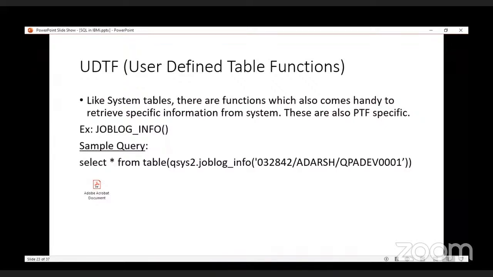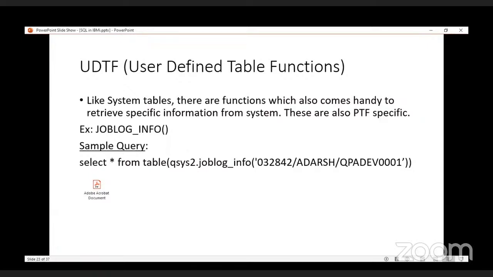So a function will always expect an argument to be passed into it so that it will return the information based on that argument. In system tables, you won't have to pass any arguments to view the information, you just have to query that table. Now, as you can see in the sample, I have provided a JOBLOG_INFO. It's a user defined table function that comes with IBM i PTFs.